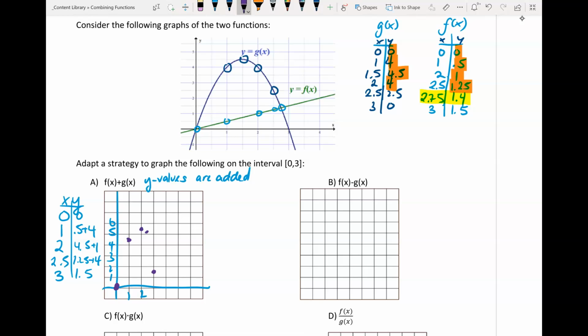And we'll connect our points, which takes on a shape like this.